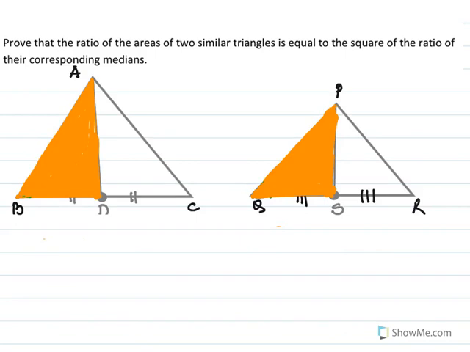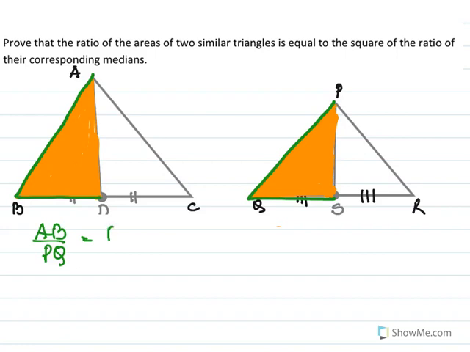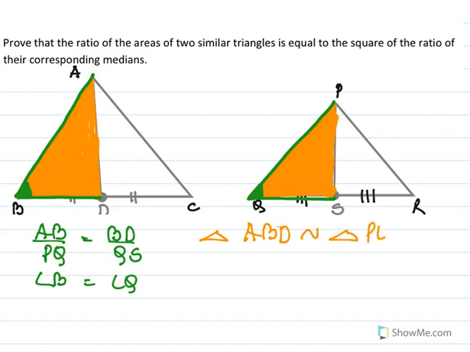Now remember, for these two triangles we showed AB over PQ equal to BD over QS, and these two angles were equal, angle B equal to angle Q. Therefore, the triangles are similar. So, triangle ABD, the yellow triangle, is similar to PQS by SAS test.